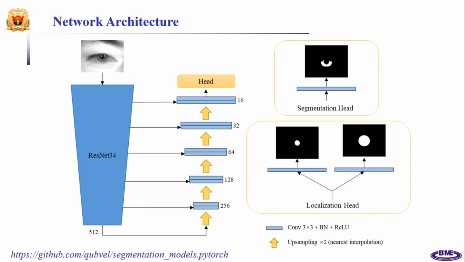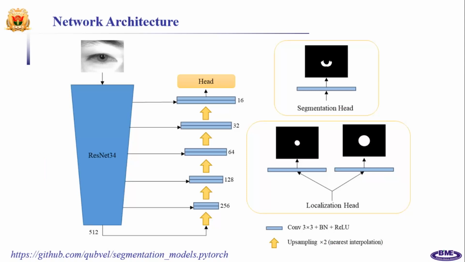The feature maps are converted back to the original image size by the decoder. The UNet network is built by this library, Segmentation Models PyTorch.